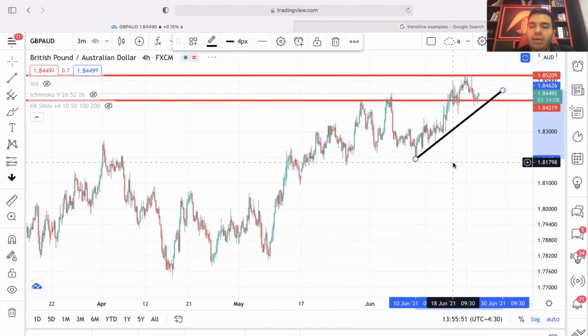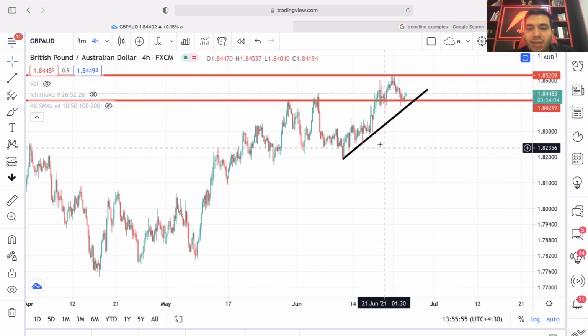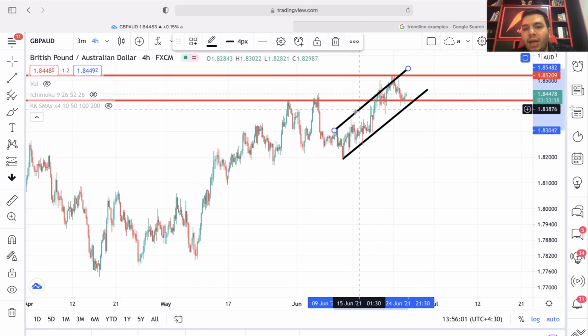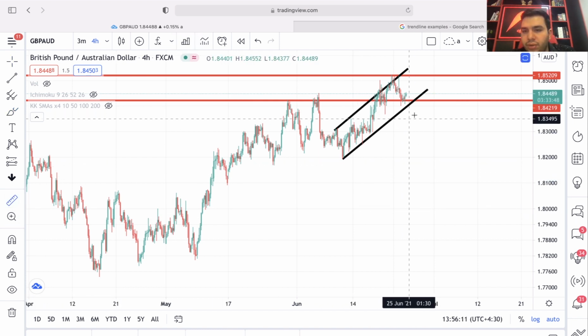After the breakout of this black trend line, we can enter short position, and we can sell GBP AUD, and this is actually a channel which I'm going to talk in next videos. We can sell to move lower and make a lot of profit, you know, after the breakout.